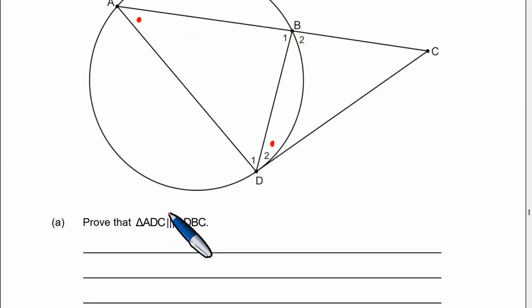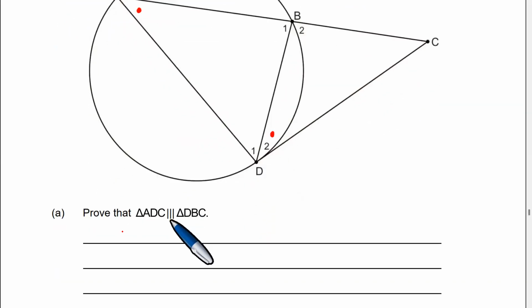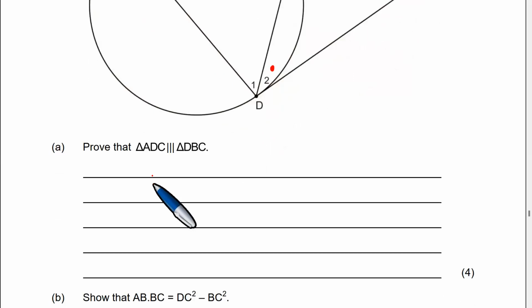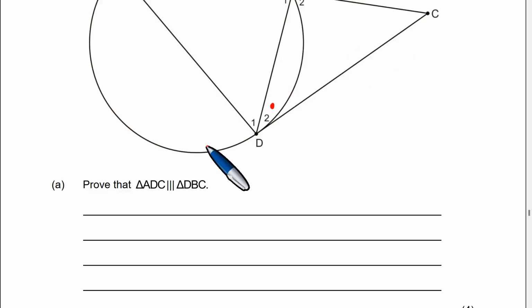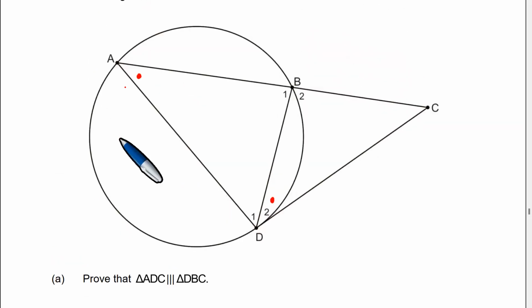Right, next. Okay, prove that triangle ADC is similar to triangle DBC. Let's see. ADC is actually similar to triangle DBC.